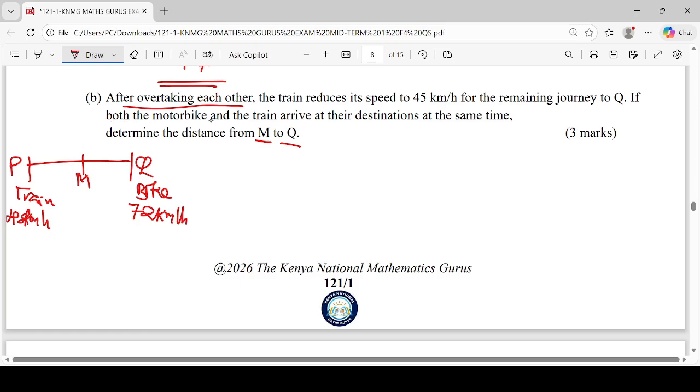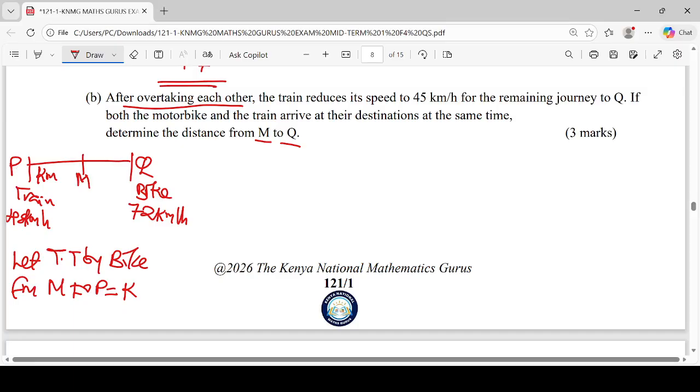If both the motorbike and the train arrive at their destination at the same time, meaning that the time taken by the train to move from M to Q should be equal to the time taken by the bike to move from M to P. So let the distance from M to P be K kilometers.